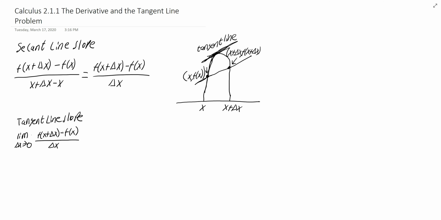This right here is how we're going to figure out slopes of tangent lines. And essentially, this is the same formula as the secant line slope, now with a limit.